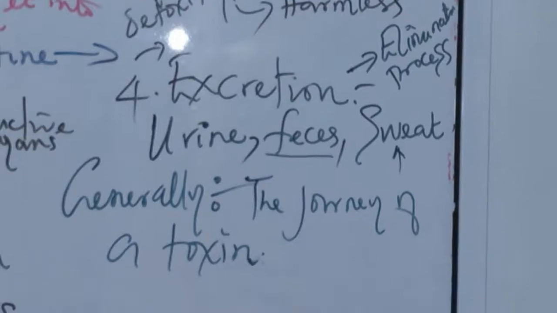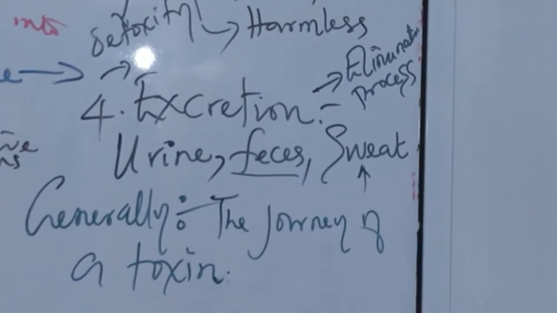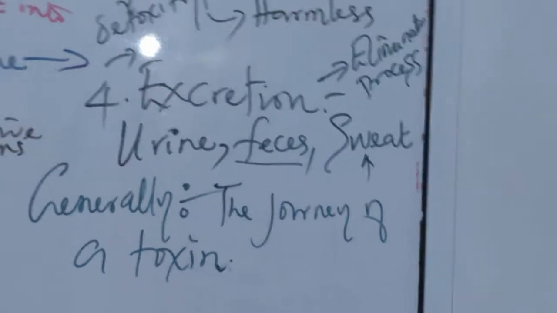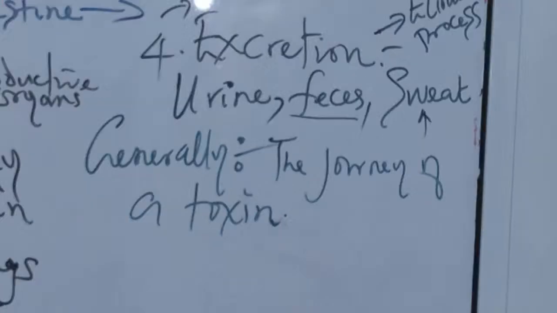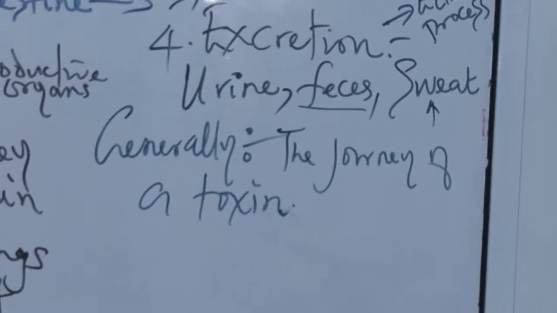The last stage, the last journey, is elimination, which could be excretion through the normal route, urine, or through feces or sweat. So generally speaking, toxicokinesis is nothing but the journey of a toxin from its starting point to the end point.